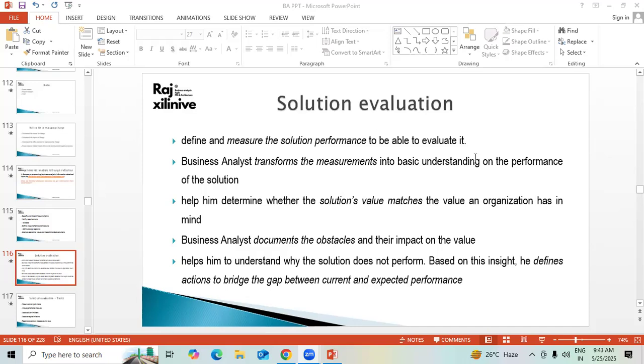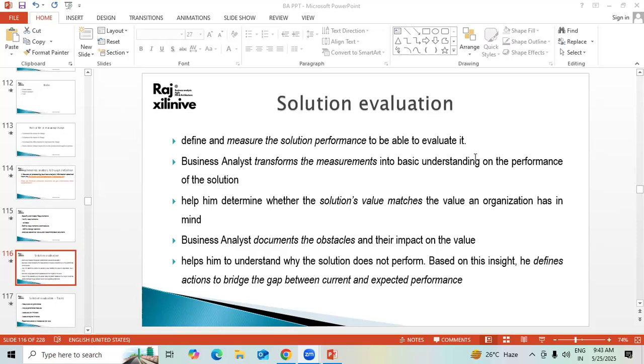So we always have to see to what extent the solution matches the expectation which the customer, our end user or the organization has. We need to make sure of that.